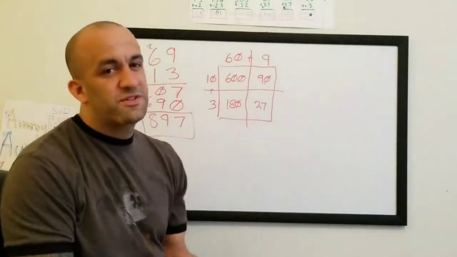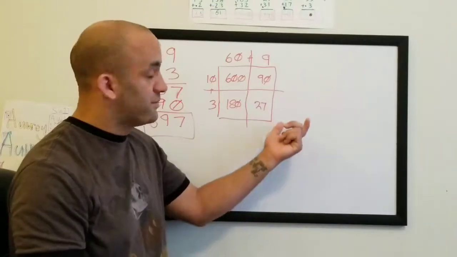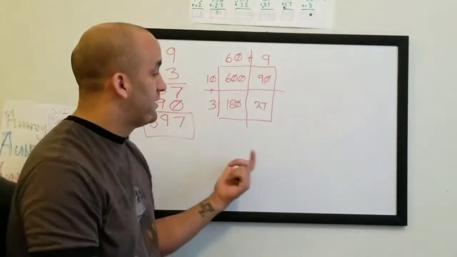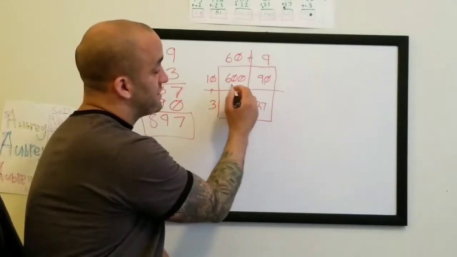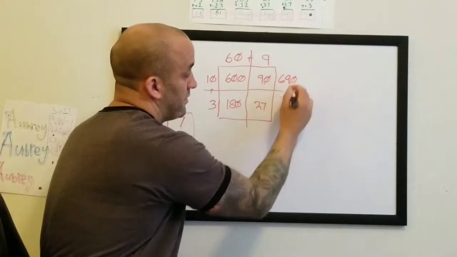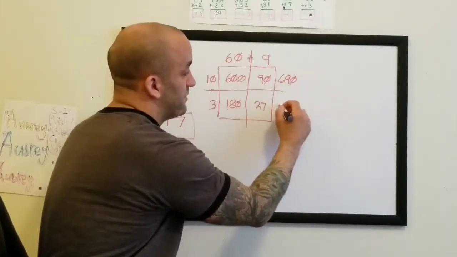Then you add the rows and the columns, which in higher level math we call the marginals. 600 plus 90 is 690. 180 plus 27 is 207.